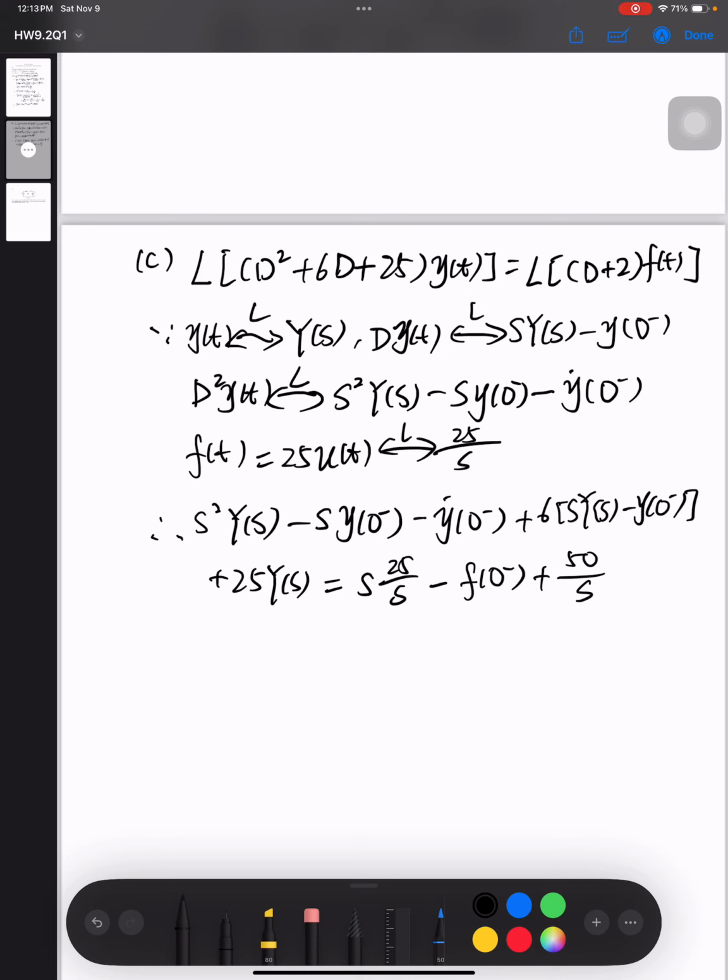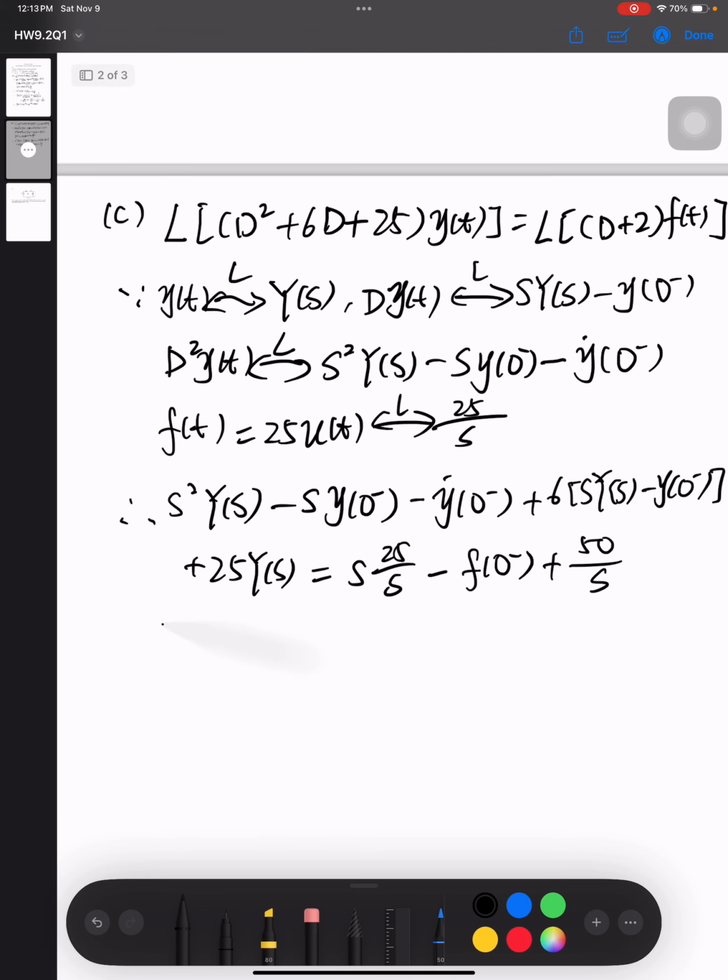And then we use the initial conditions, which are y(0) equals 1, the derivative y'(0) equals 1, and f(0) equals 0.